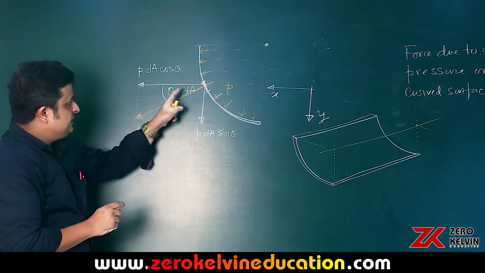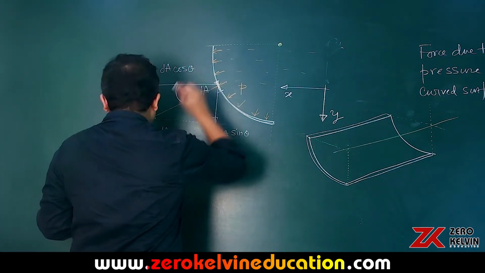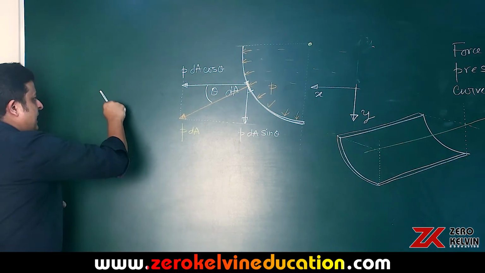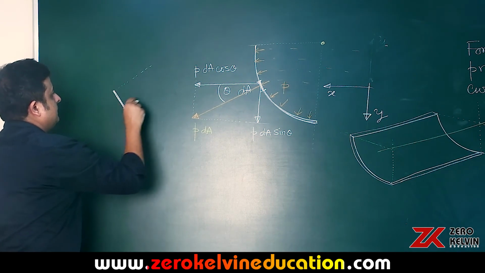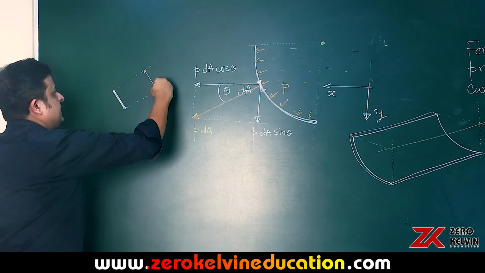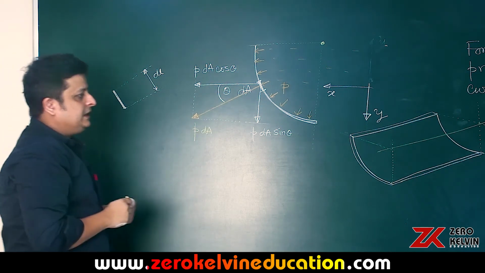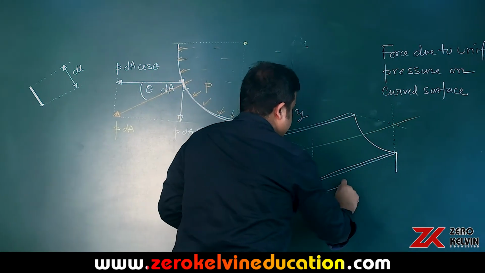Now, if this angle is theta, so if you take this area A, suppose, see, as this is a very small area, so this length is dl, this length is dl, and there is a width, and suppose the width, as you know, the width we will consider as b.